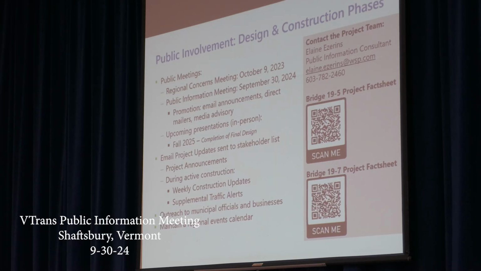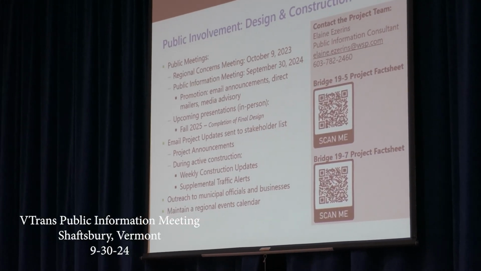So as I mentioned, there is a stakeholder list that will receive project announcements moving forward. And then once we're in active construction, those announcements become more frequent in terms of weekly construction updates that outline construction activities, work schedule, any traffic impacts, and it has our contact information as people have questions and concerns in real time.